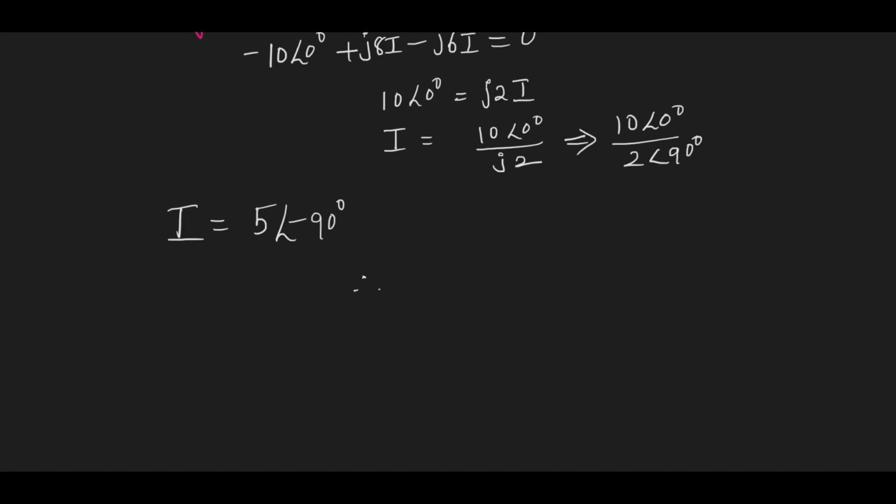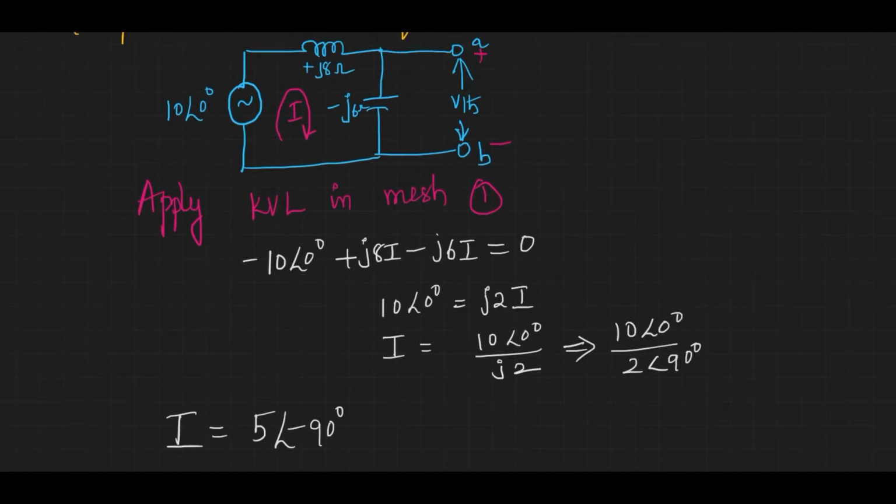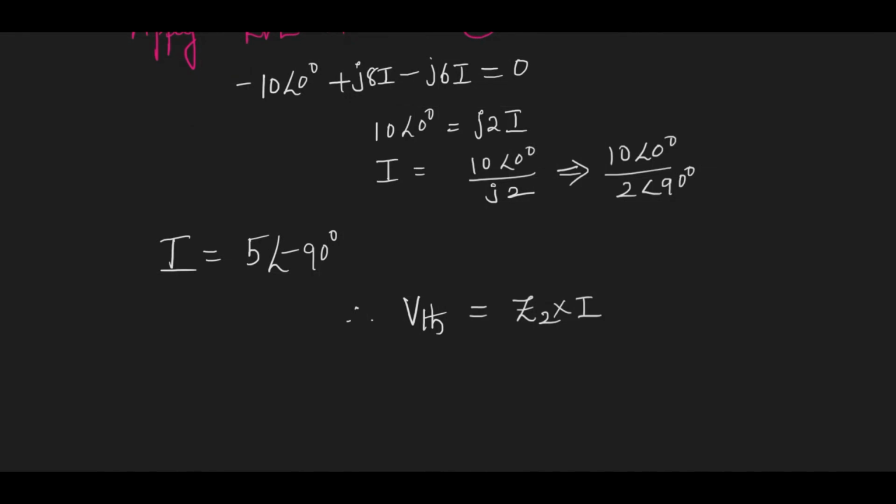Now we have got the current, we need to find the VTH. That VTH is nothing but Z2 into I. What is Z2 here? Minus j6 ohm. We already mentioned it in the network. So now your VTH will be minus j6 into our current, 5 at an angle minus 90.